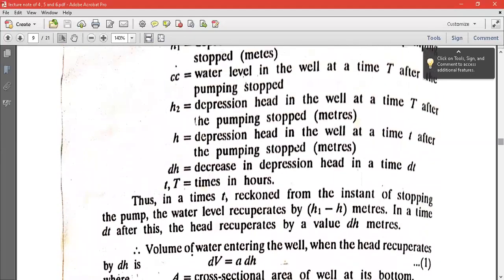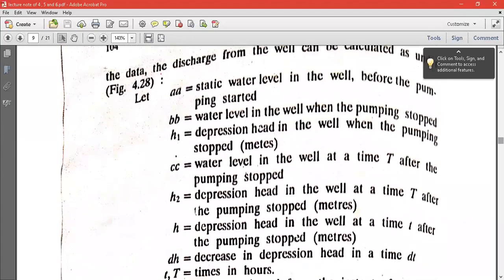What does BB indicate? It is the water level in the well when pumping stopped, because after that I am allowing the water to recuperate to the original level. That means water will start rising as pumping is stopped and water infiltrates into the well.